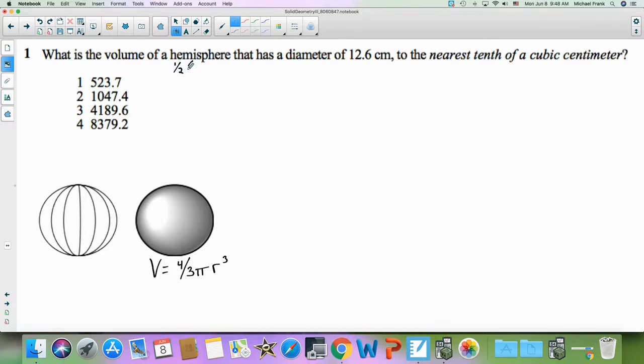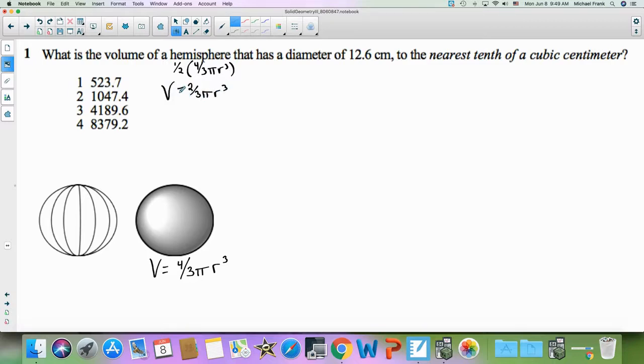So it's really half of 4/3 pi r to the third power. And if we simplify that, 1/2 times 4/3, you get 2/3 pi r to the third power.